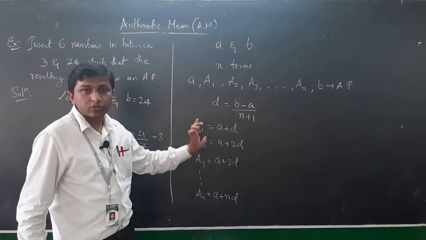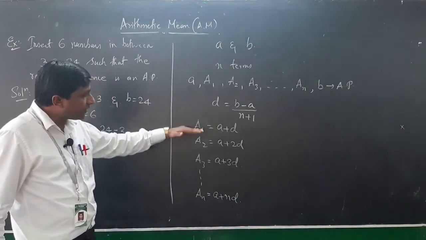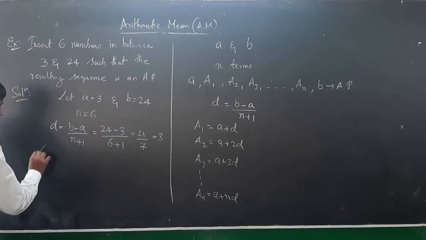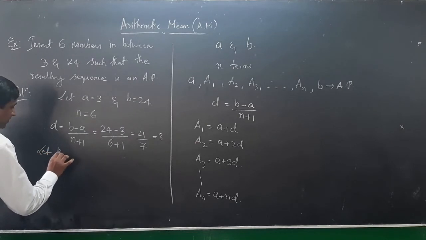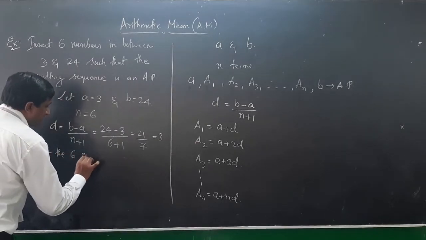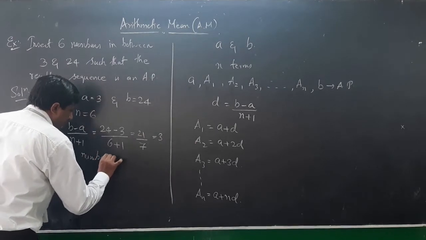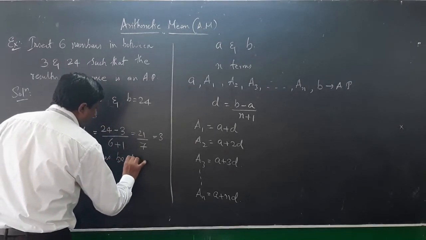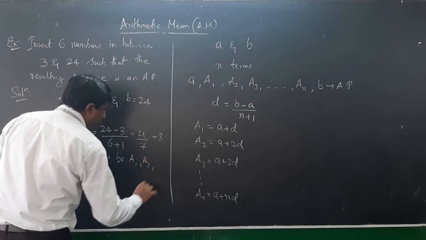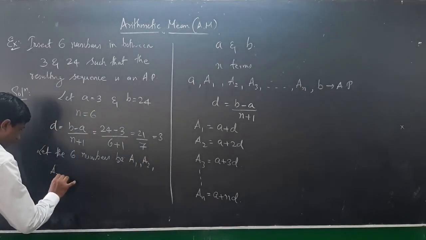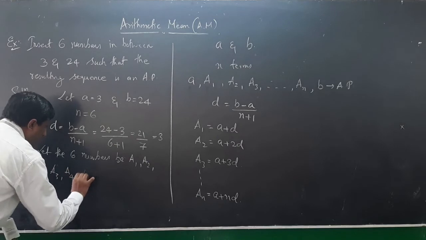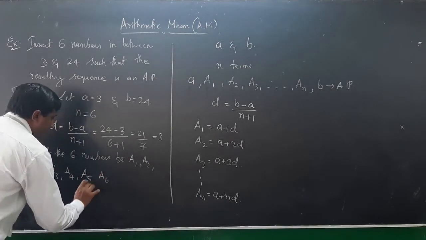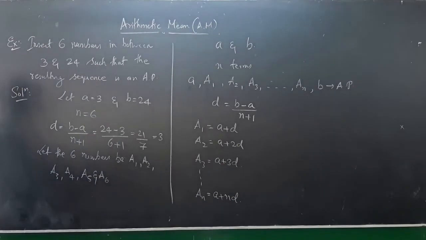Once we have calculated the common difference, to find the n terms, let the 6 numbers be a1, a2, a3, a4, a5, a6.